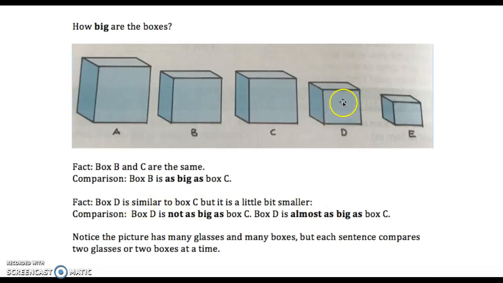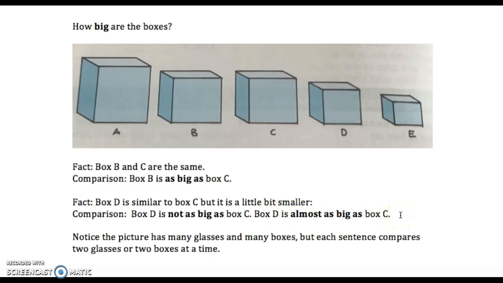Now let's look at box D. If we want to compare C and D, what would we say? D is a little bit smaller. They're almost the same, but not quite. So we could say box D is not as big as box C. Or we could say box D is almost as big as box C.